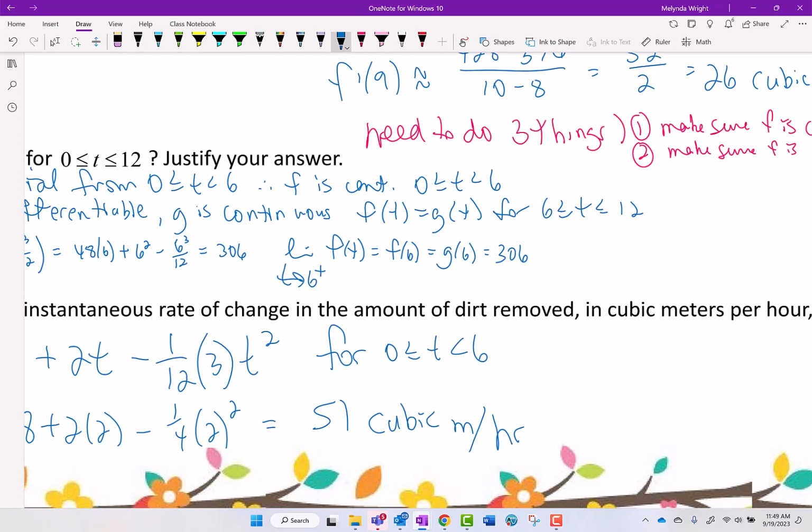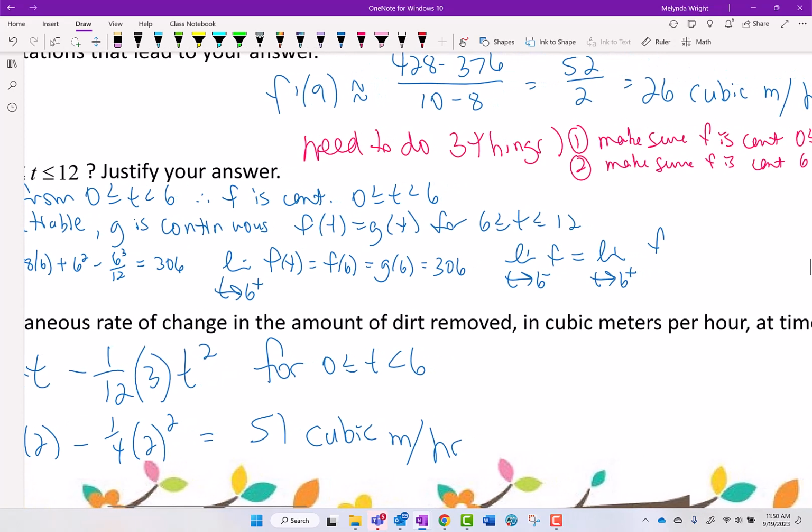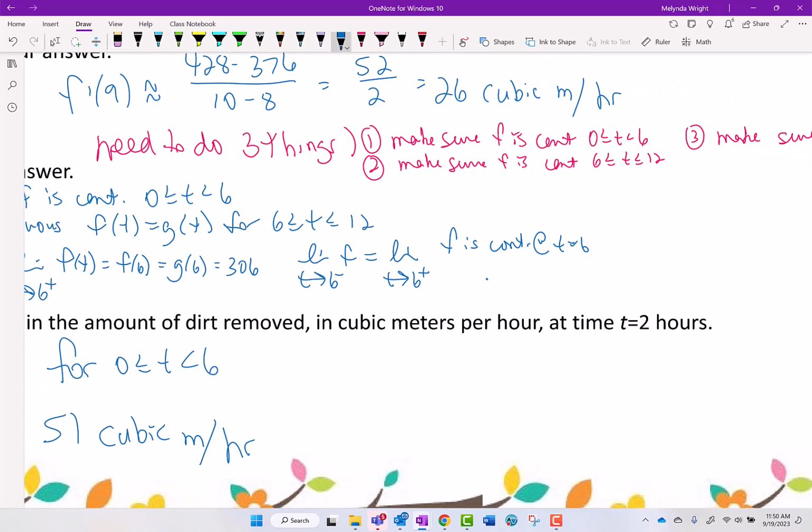So since the limit as t goes to 6 from the left of f is the same as the limit as t goes to 6 from the right, f is continuous at 6. That's the definition of continuity, or part of it. Whew. Okay, we did step 1, step 2, step 3. Therefore, f is continuous from 0 to 12. Whew.